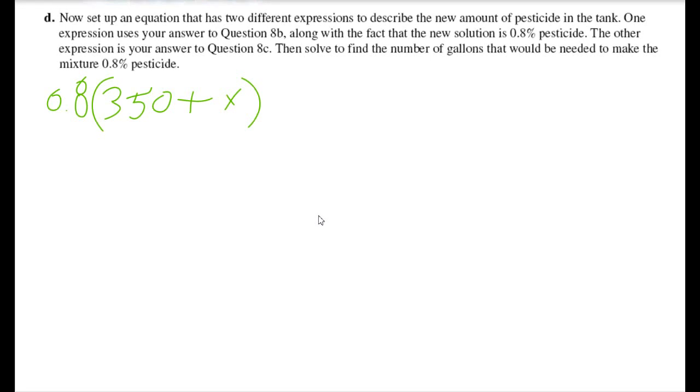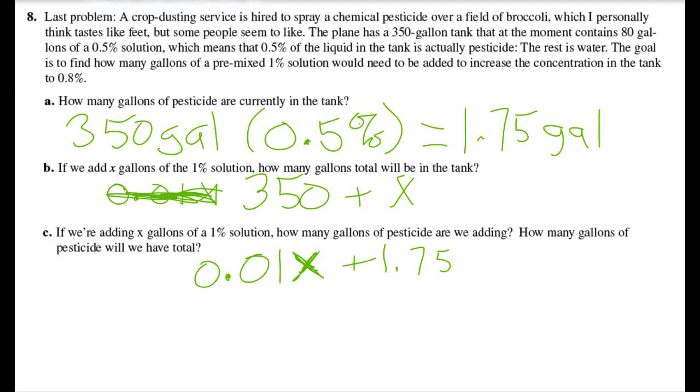So we can take the entire volume of the tank, multiply it by 0.8, actually 0.08. We'll just go straight to that because it's 0.8%. And that's equal to 0.01x plus 1.75.